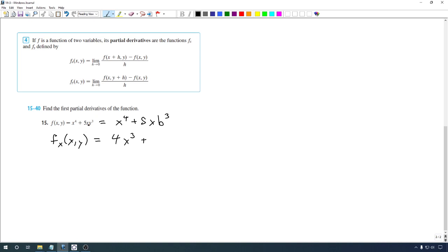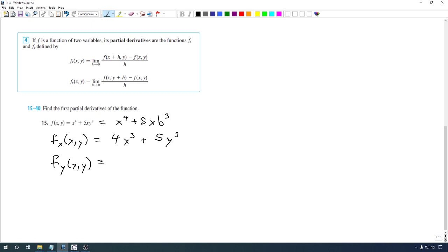Now we differentiate 5xy cubed. Keep in mind that here 5y cubed is being treated as a constant. So we're really just differentiating a constant times x. The derivative of a constant times x is just the constant. So we're just going to be left with a 5y cubed as that part.